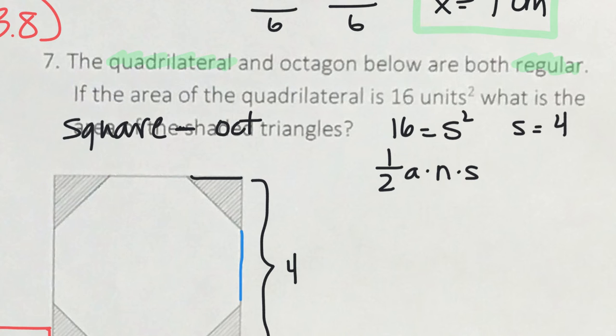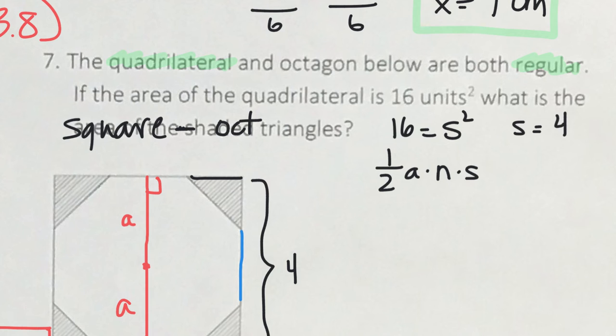Do we know the apothem? Where does the apothem go? From the center, perpendicular to the side. What if I put 2 apothems on here, top to bottom? Cut it in half. Oh, I kind of do know my apothem, don't I?